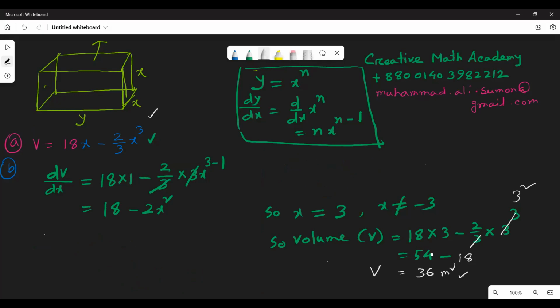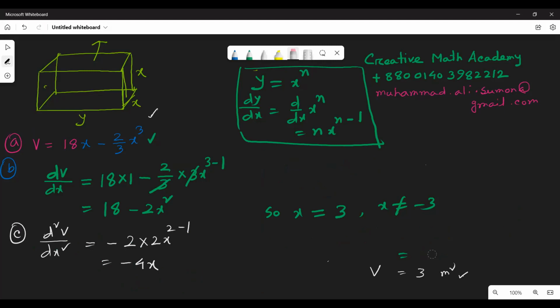We have to write d square V by dx square. So we'll get here minus 2x to the power 2 minus 1, that means it will be minus 4x. So the double differentiation is completed. Now we put the value of x here, x equals 3.